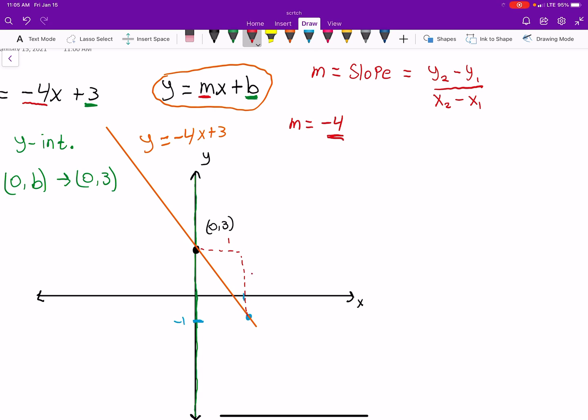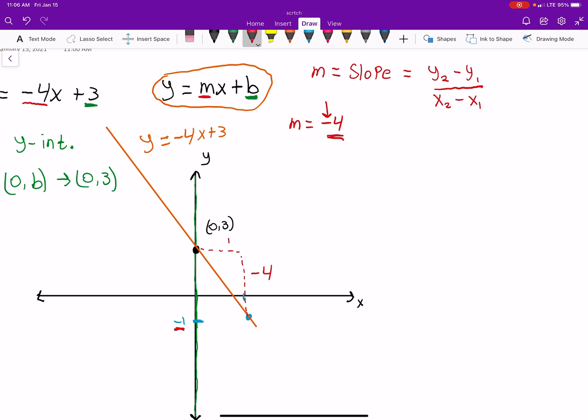And it goes down 4 units. Okay, so that's what the slope's telling us. When I move to the right 1 unit, how far up or down do I go? The negative here is indicating that we go down, and the 4 simply tells us we go down 4 units, which is why we went down to negative 1, because 3 minus 4 is negative 1.